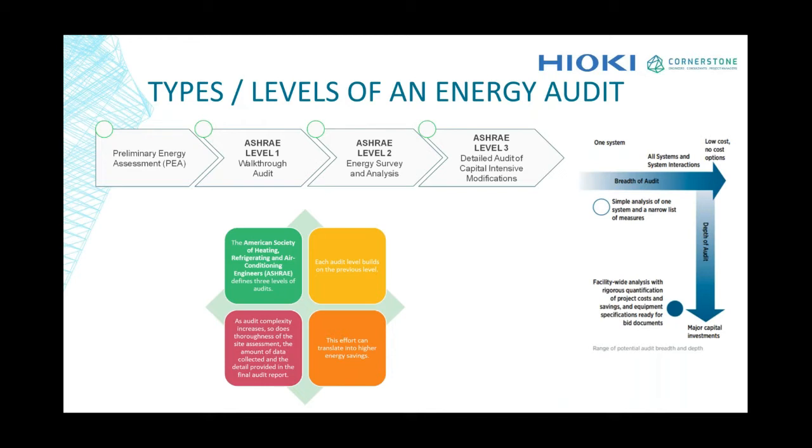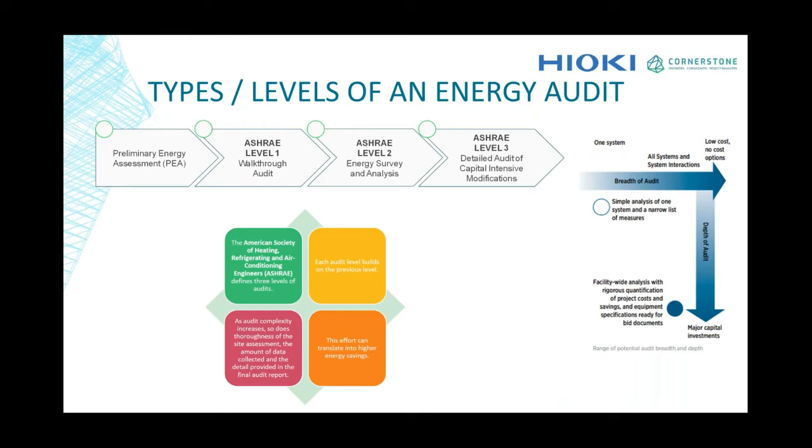ASHRAE level 3 would include things like HAP, so you have your hourly analysis of the readings with respect to temperature. You build a calibrated model of the building to give you a clearer idea of how the building works, and a more accurate model of your proposed savings.